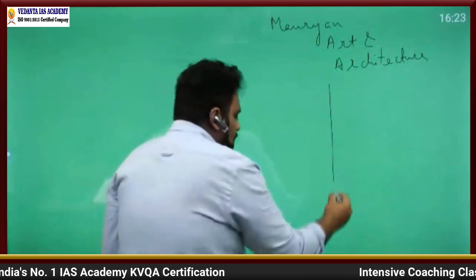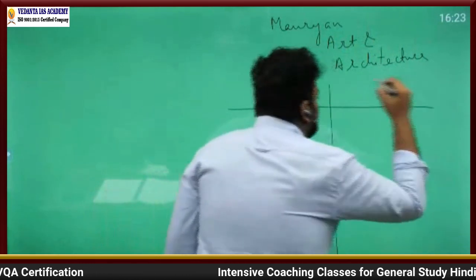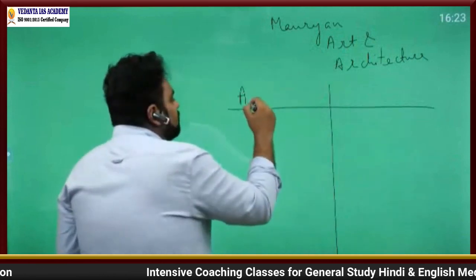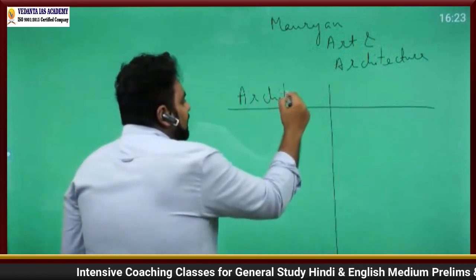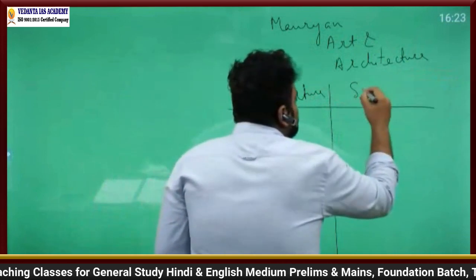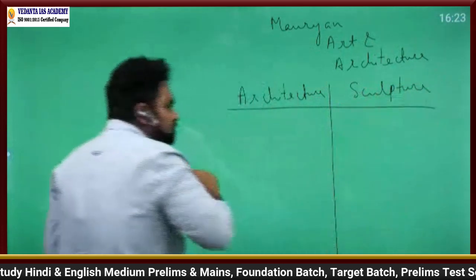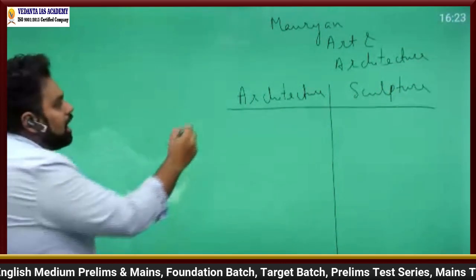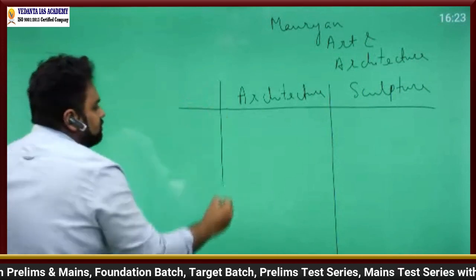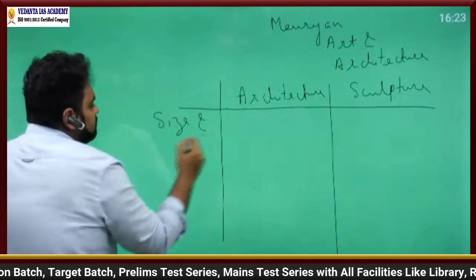But before that, I also have to tell you another important idea, that is the difference between architecture and your sculpture. That is the difference between architecture and sculpture, right?